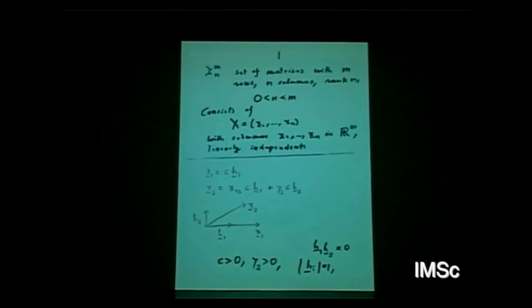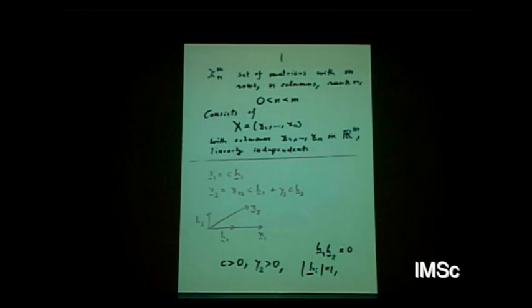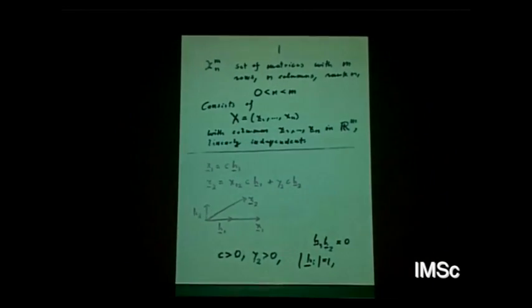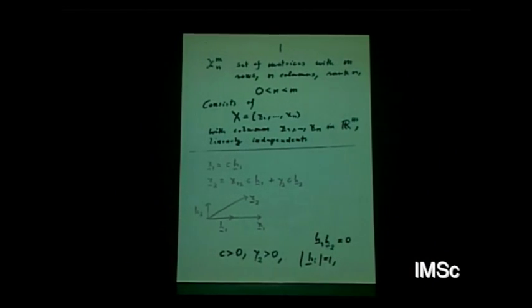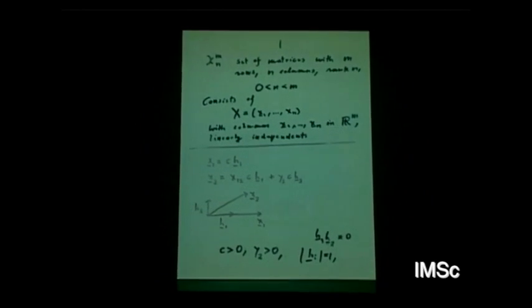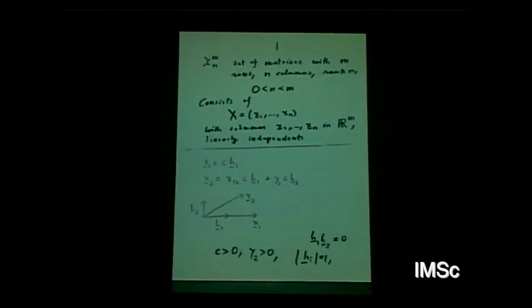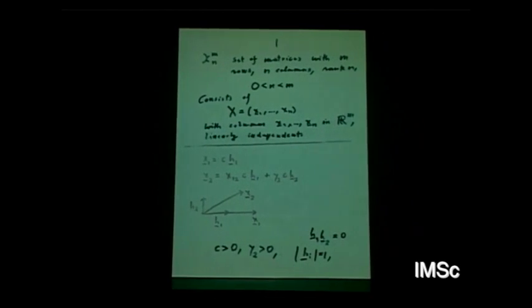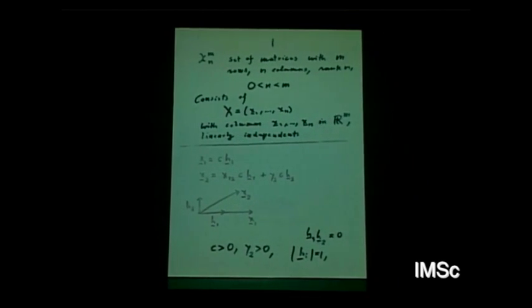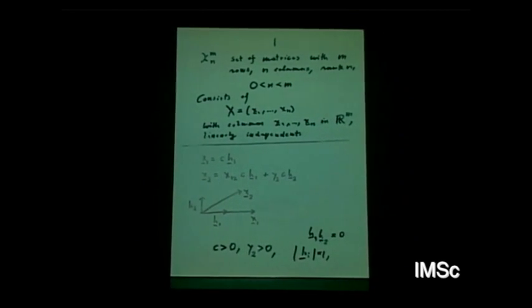So here we are dealing with matrices, and so we deal with a set X, capital M, lower n, of matrices with m rows and n columns, and rank n, satisfying these conditions.